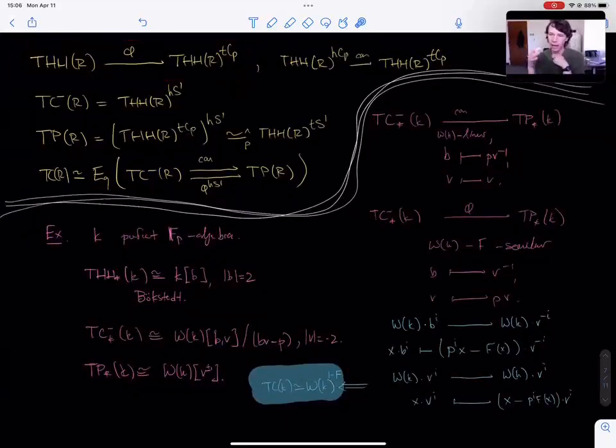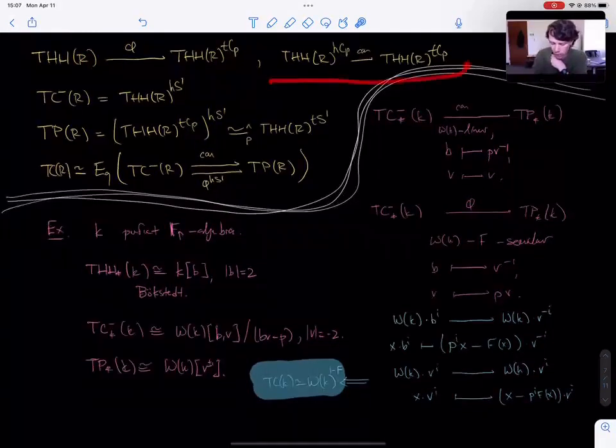It's not an endomorphism of THH. Instead, it maps it to the Tate-CP construction on THH. It's some kind of Frobenius, but of course it's not Frobenius exactly because these are not FP algebras.